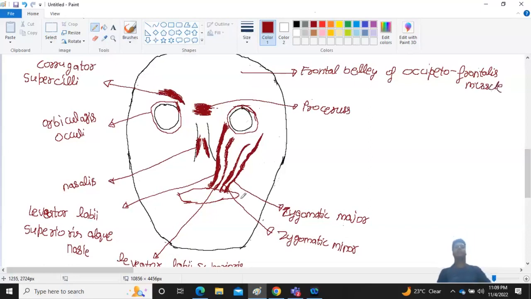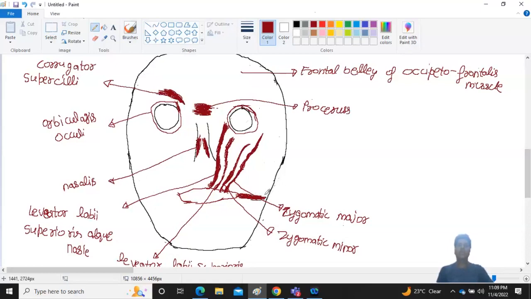Next there is a muscle present which helps in lengthening of the lips. Basically, longitudinal lengthening of the lips. If there is a muscle which lifts the lips in this direction, stretching the lips, there is a muscle here present like this.